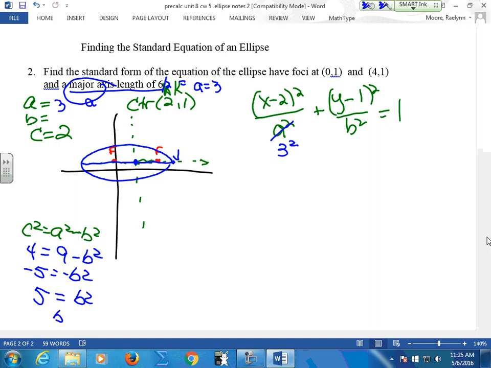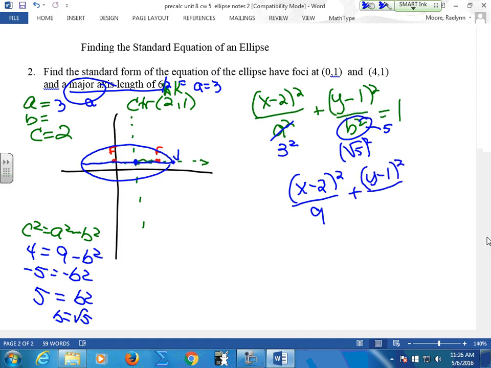If you take B, square root of 5, then you come back over here and square root of 5 squared, you just go back and square it. So you can stop at B squared. B squared is 5. So here's the equation of your ellipse. And my major axis was the x. There's my 3. There's my radical 5 for B. It's moving a little bit more than 2 up and down.